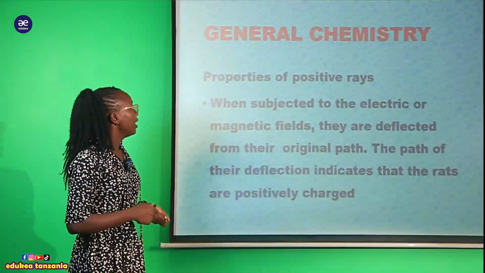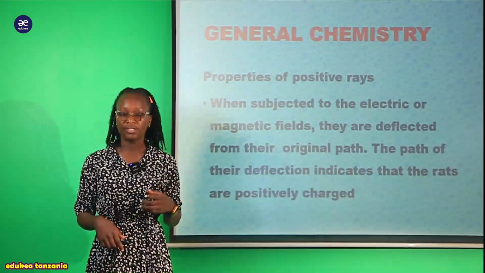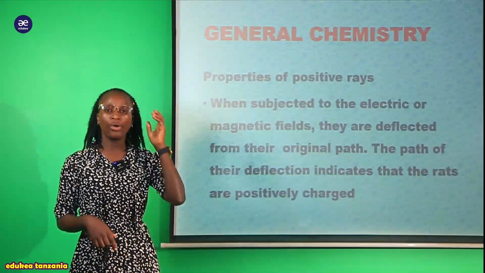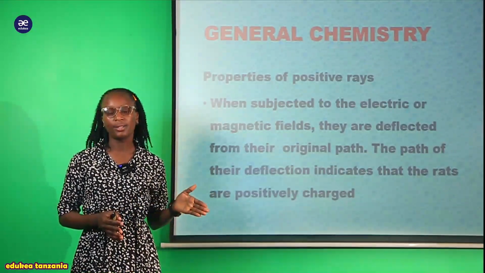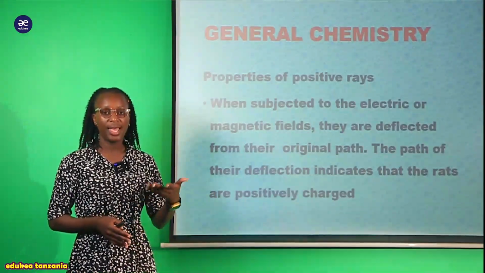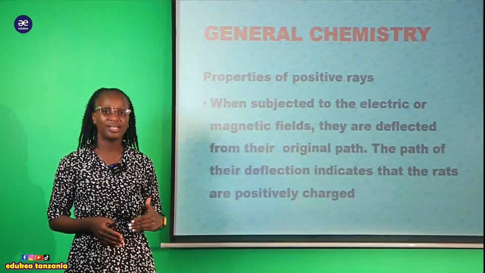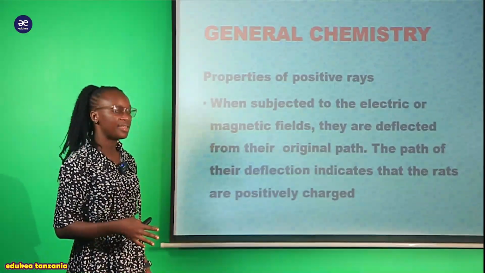So you can see the properties of the positive ray. Sasa huyu Rutherford yeye aliongelea nini kuhusiana na hii we call positive ray au protons? Yeye aliona kwamba hii protons ina sifa gani, au hizi positive rays, what are their properties?